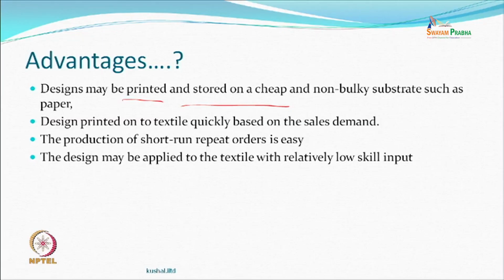This is a very interesting thing, that you can apply this design with a relatively low skill worker. In printing, not only the printing head, the department's head, the people who work on the machine, the people who fix the design, the people who transfer the design, all of them have to be highly skilled. In this case, the skill part has been taken care of somewhere else.